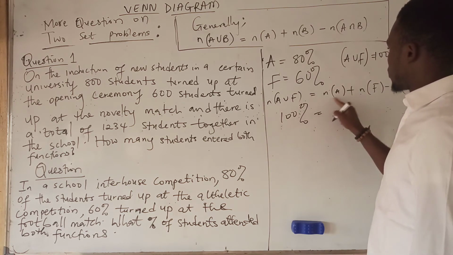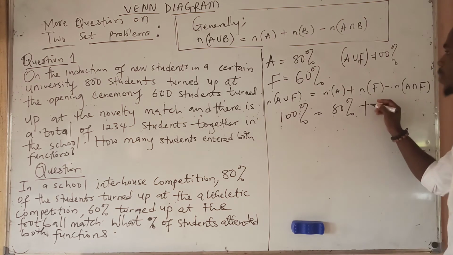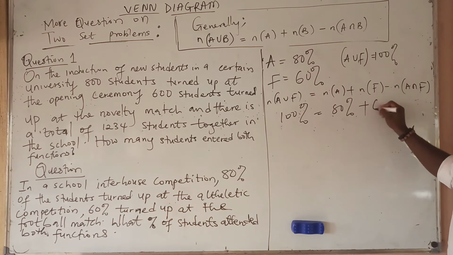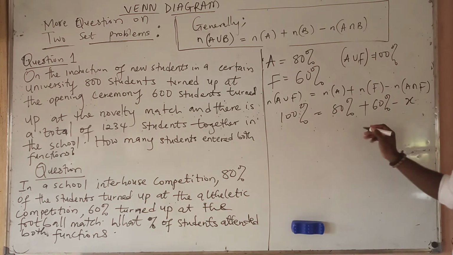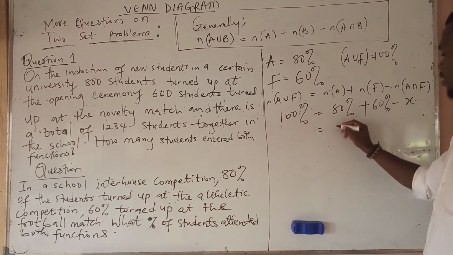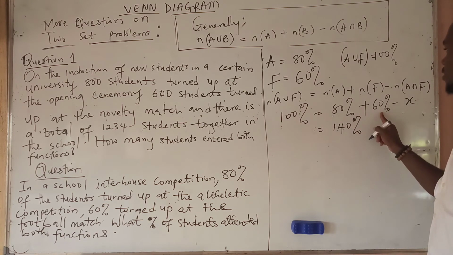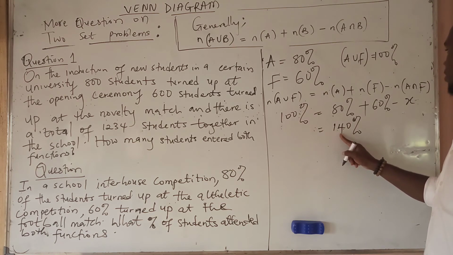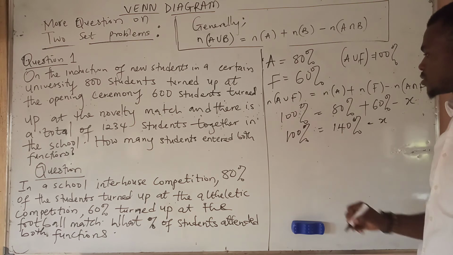The number of A is 80% plus the number of F is 60%, minus X. Now if we add up these two, 80 plus 60 is 140, so 140% minus X. And here we still have our 100%.